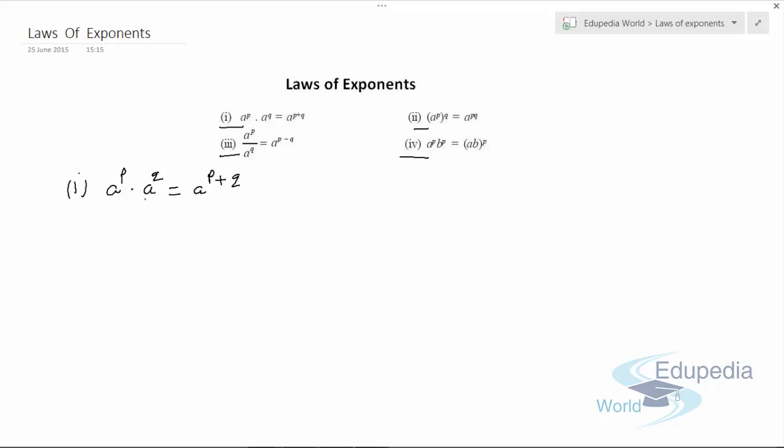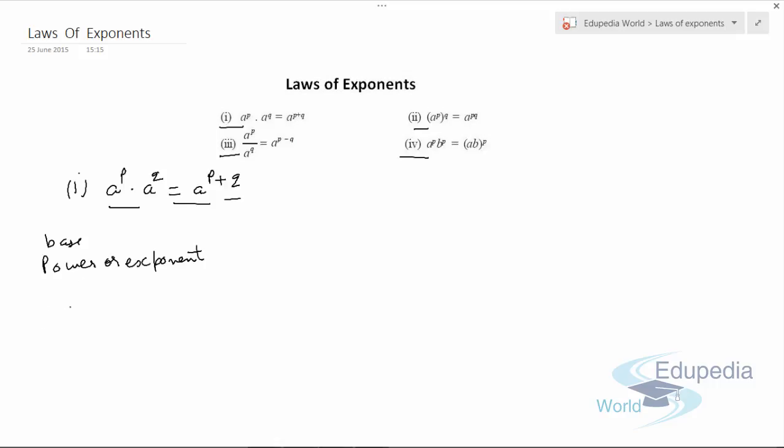Now before discussing these laws, let me clear some of the basic concepts. First of all, let me tell you what is base and what is power or exponent.